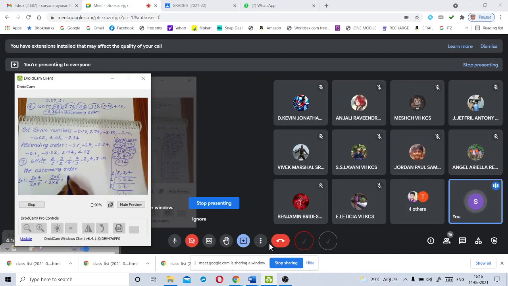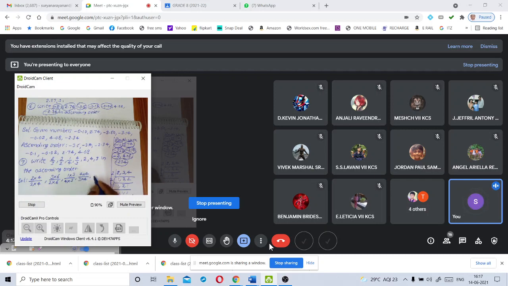Next, how do you write the third fraction? 3. We multiply numerator and denominator by 3. Next number, 4 by 3. Which number should be multiplied here? 4.